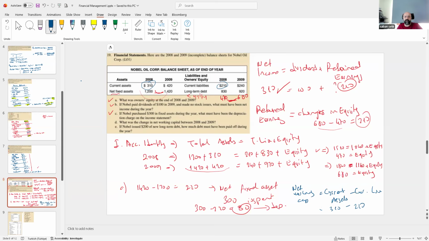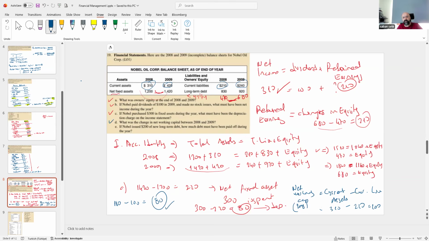This is current liability in 2008. So this is going to be net working capital in 2008. Okay, so what is the result? Which is 100. Again, you will calculate this for 2009. Well, if I calculate for you, 420 minus 240, which is 180. And then the last step is to take the difference. In 2009, you have 180, and in 2008, you have 100 net working capital. So 80 is the answer for part D.